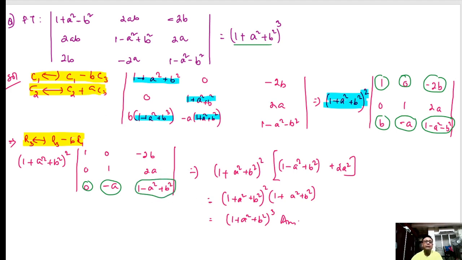Now expanding along the first column, because I got 1, 0, 0, putting a plus, minus and plus, I will take only this part and solve it. So we will get the answer.